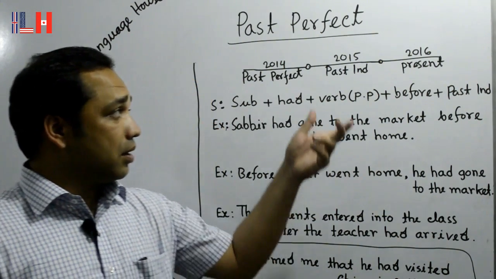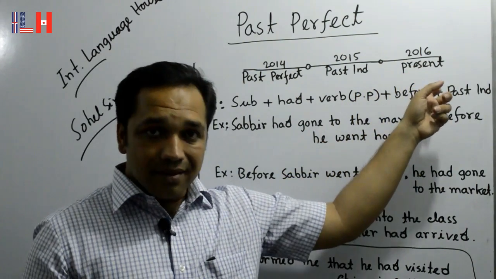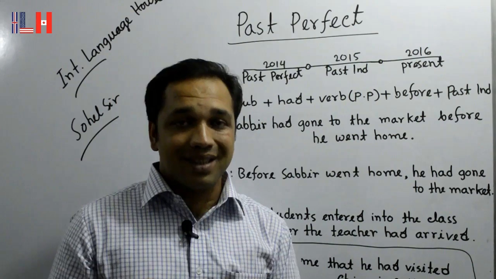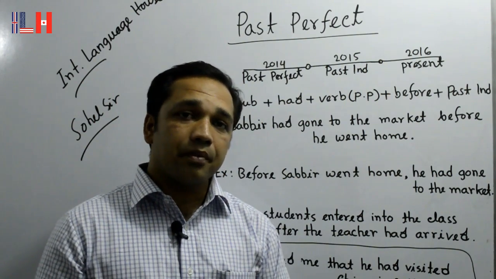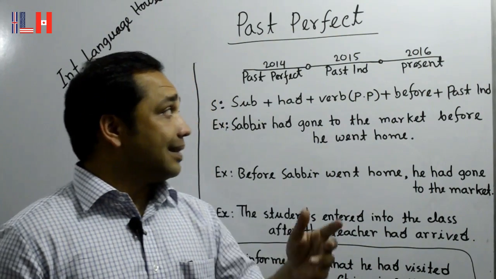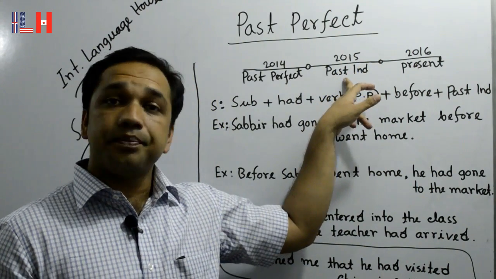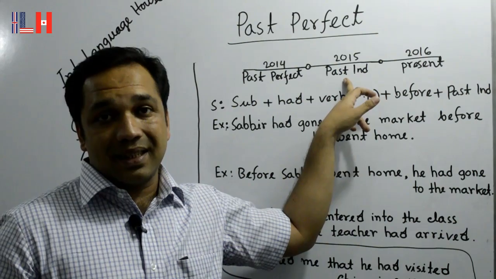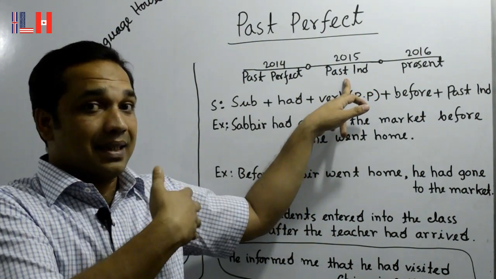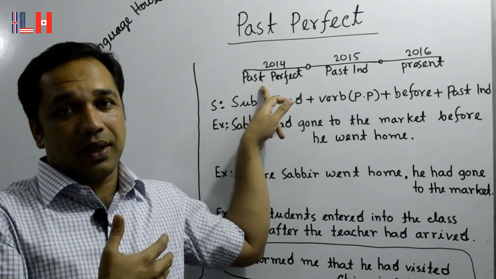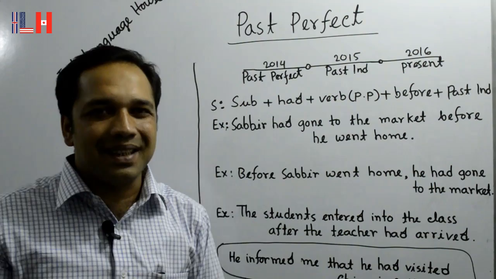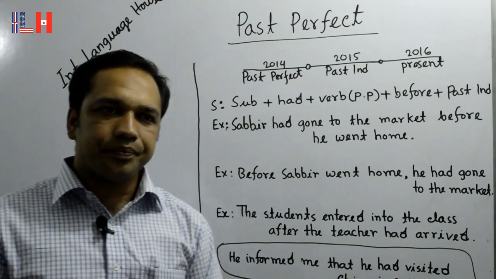As you can see on the board, 2016 is present. The present year is 2016. If we want to say anything that happened in 2015, it will be past indefinite. But if you want to say something that happened even before that, that will become past perfect. So this is just to give you a little idea what is past perfect.